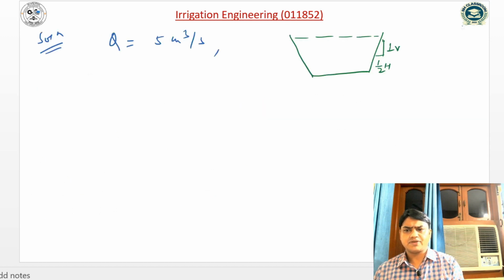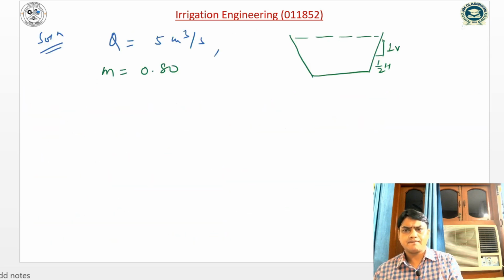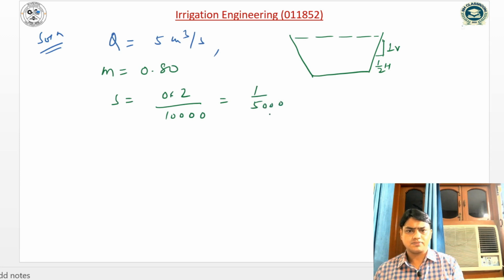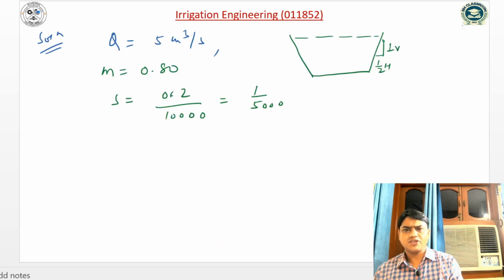Critical velocity ratio is given, m is equal to 0.8, the first trial depth is given 1 meter, and the bed slope is 0.2 meter per kilometer, means 1 by 5000, and the value of C is also given, 30.